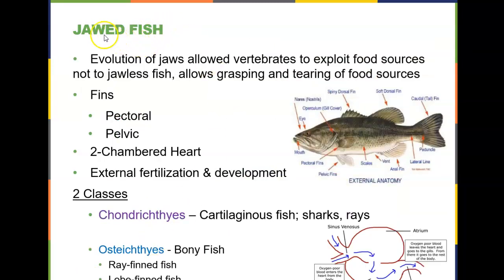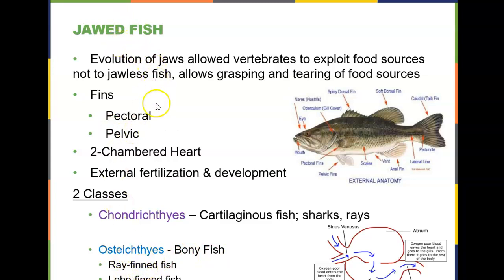We then move on to the jawed fish within this first category of fish. So within jawed fish, we have two classes: Chondrichthyes, which are the cartilaginous fish, the sharks and the rays, as well as Osteichthyes, the bony fish, of which we have ray-finned and lobe-finned, and we'll talk more about those in a bit.